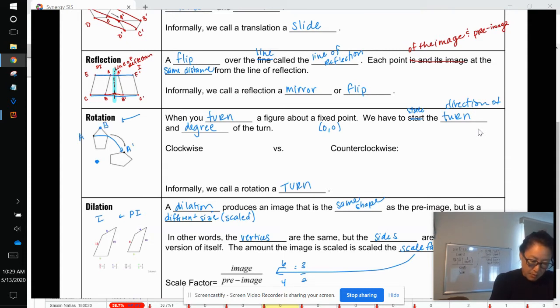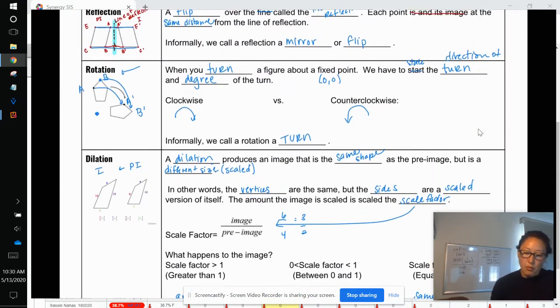The point up here, B, turns 90 degrees clockwise to become B prime. Its orientation means that it's the same shape but facing a different direction. Clockwise is turning to the right, counterclockwise is turning to the left. We informally call a rotation a turn.